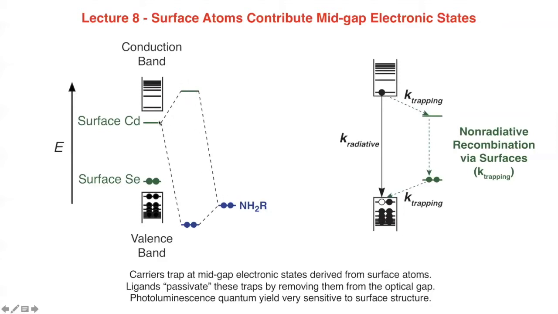And once the amine and the cadmium bind to one another, it's much harder to pull an electron off the amine. That's why you get this splitting, or a way to interpret the splitting. So by binding an amine to the surface cadmium ion, you can modulate the energy of these surface-derived states. So here we've modulated the energy of the cadmium-derived state, and that would change the probability of electron trapping.